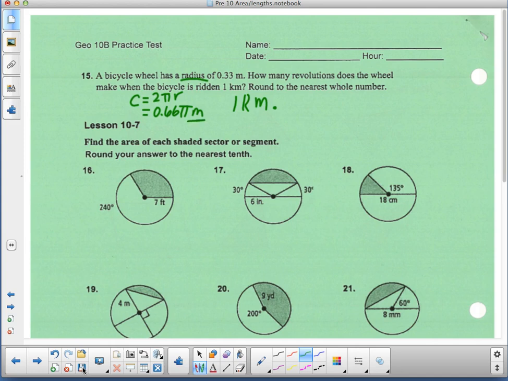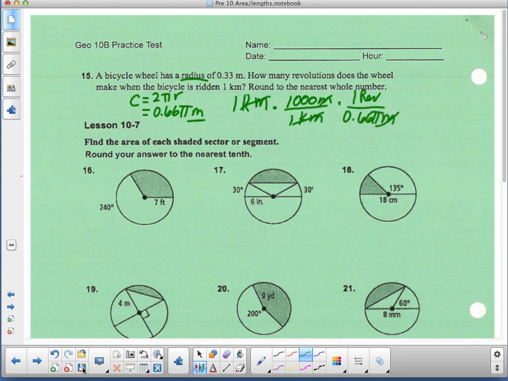I've got to go revolutions, so we're good. But we got meters here. So I'm going to make kilometers meters. So I know that there's 1,000 meters in 1 kilometer. So that's now meters. But now I've got to go from meters to revolutions, and I know 1 revolution is 0.66 pi meters.